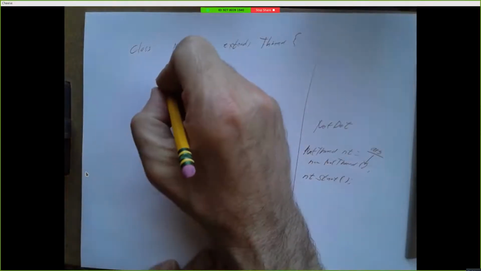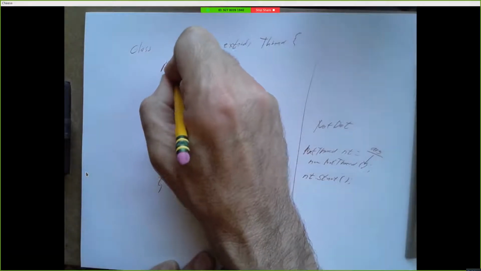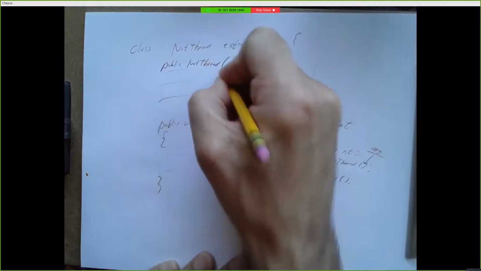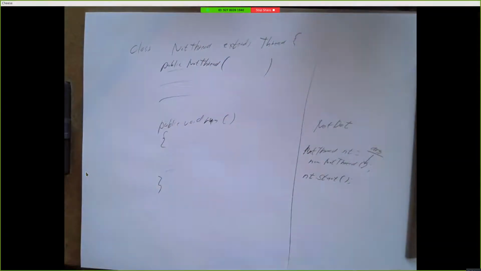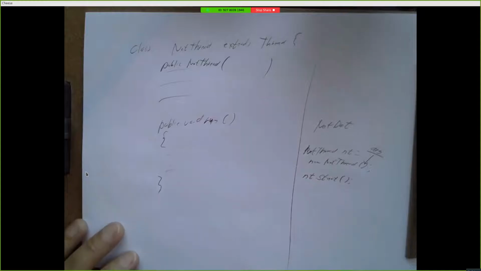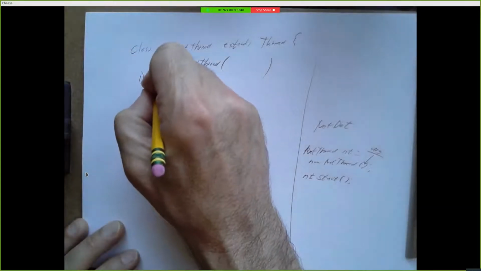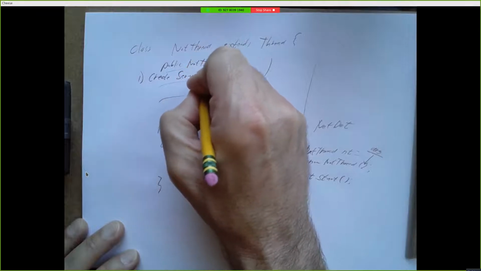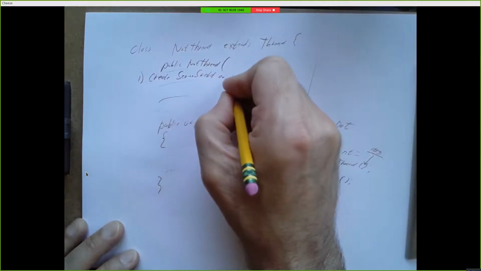And in your constructor, take the argument and either create a server socket or create a socket. So one, create server socket or socket.